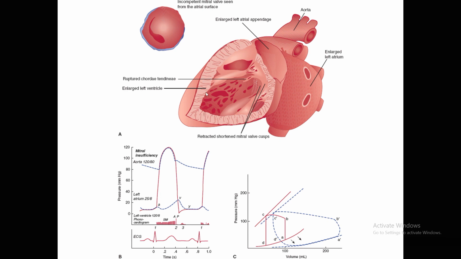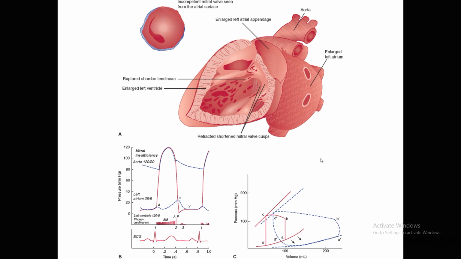The stroke volume of the hypertrophied ventricle will be also increased. However, because of the regurgitation, the increased stroke volume of the left ventricle will be combined with a decreased heart output to the systemic circulation because, I will repeat, of the regurgitation of the blood back to the left atrium.